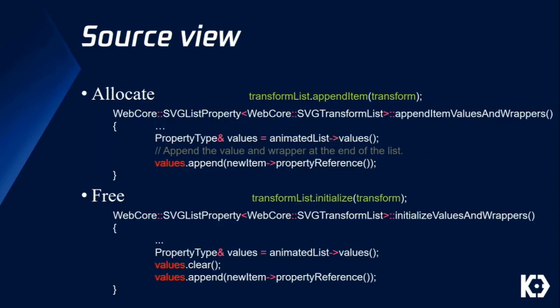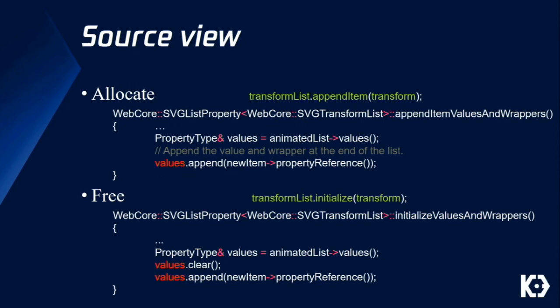The result is the memory buffer belongs to the vector, which is variable values, and the buffer is used for storing SVG transform objects.